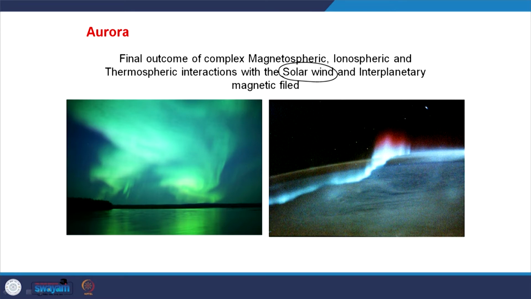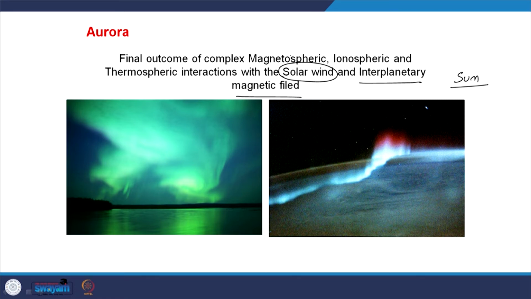When the magnetosphere, ionosphere and thermosphere interact with the solar wind, you get to see what is called aurora, and this interaction should be permitted by the interplanetary magnetic field. So, solar wind and interplanetary magnetic field are things related to the sun, right.